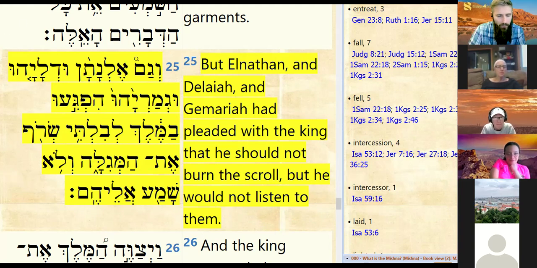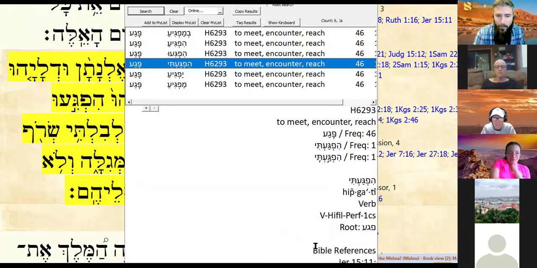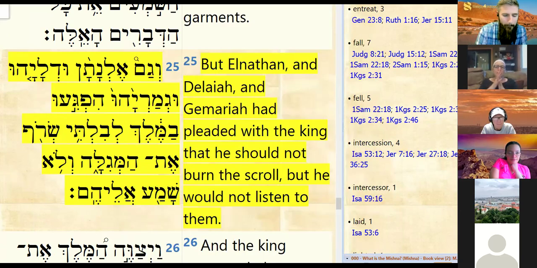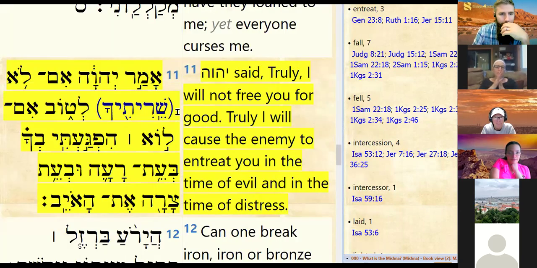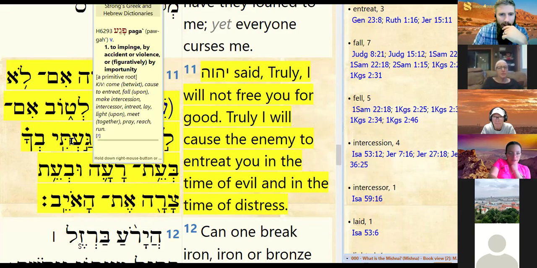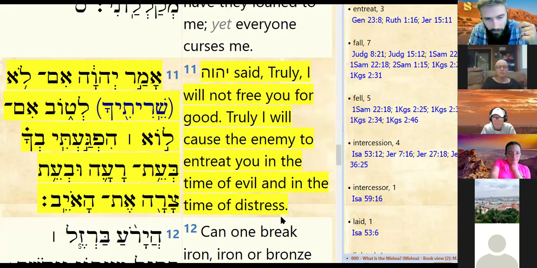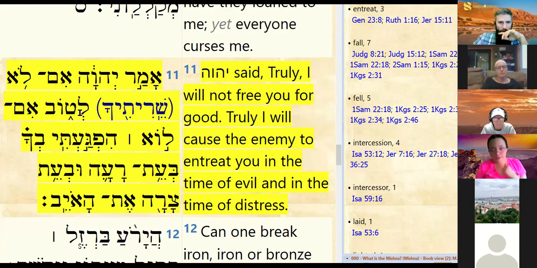Okay. And then the other one in Jeremiah, 15:11. Otherwise, true. Hifgati. There it is showing up again. Entreat. The Lord said, truly, I will not free you for good, letov, for the purpose of good. Truly, I will cause the enemy to entreat you, to lure you in the time of evil and in the time of distress.